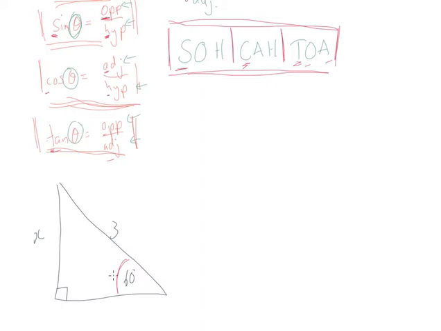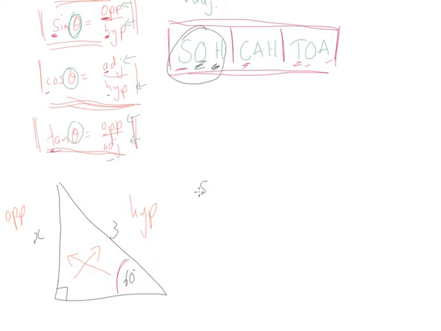Working with my angle here, everything is defined in terms of the angle. So this here's the hypotenuse, nothing new there. This side here is going to be the opposite. So I'm looking for which ratio, sine, cos, or tan, connects my opposite and my hypotenuse. I'm going to be using the sine ratio here.